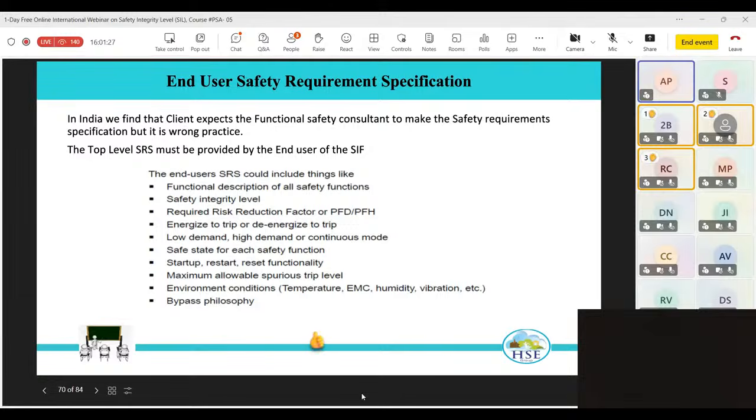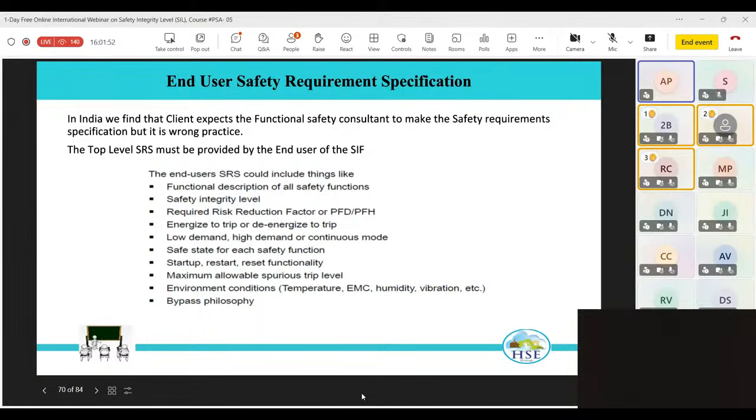So those are environmental conditions you need to define. And then the bypass philosophy: what is the bypass philosophy? If I want to do maintenance for, say, one positioner, then what should the bypass philosophy be? All those things you need to mention.